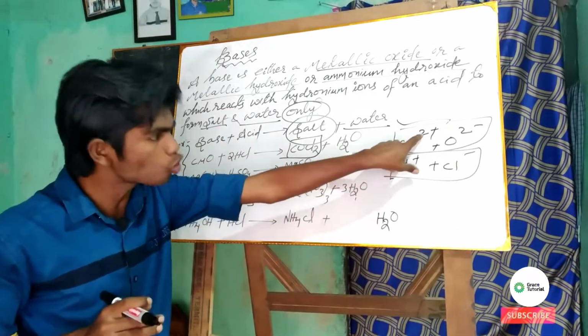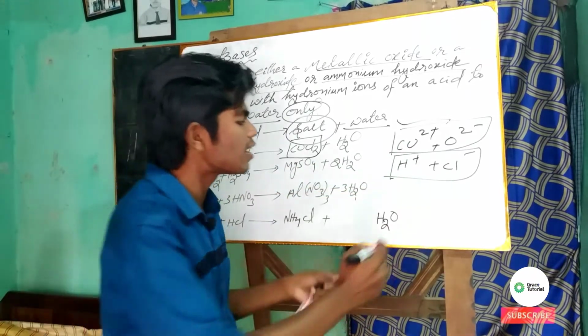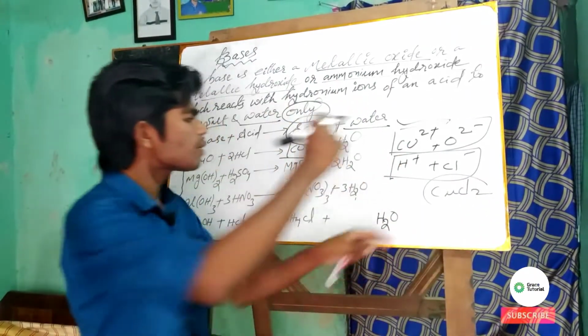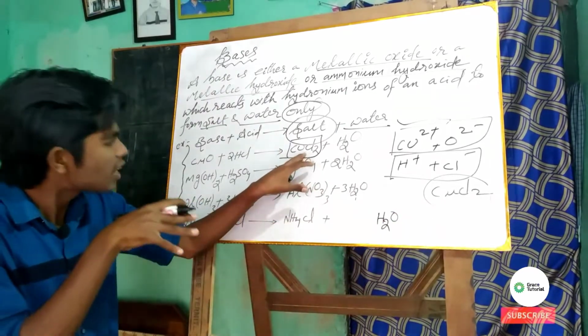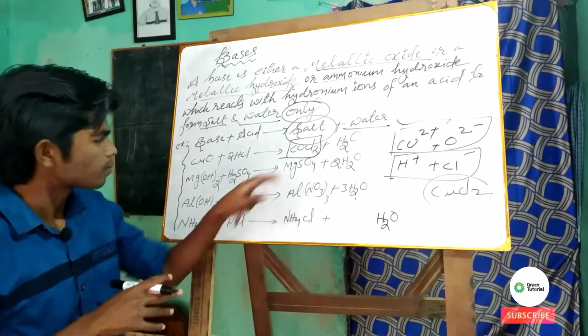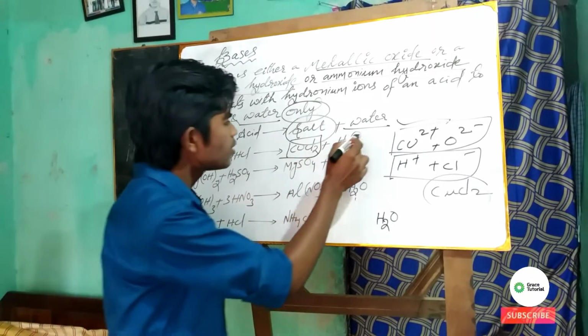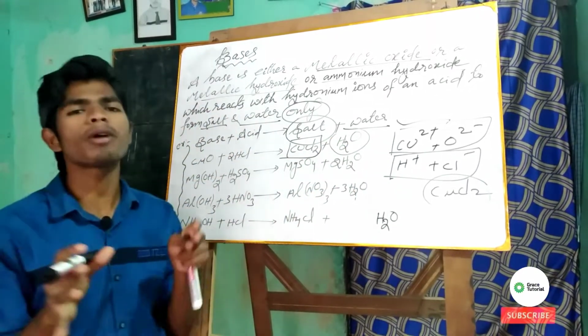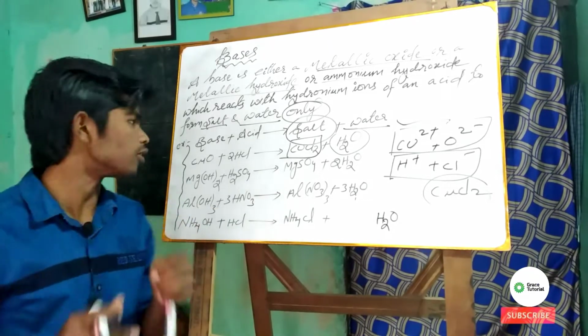That means the Cu2+ will react with the Cl- to give CuCl2. So this is the product obtained in this first reaction, that is CuCl2, along with the liberation of the water molecule. That means here only the water molecule is obtained but not any other molecule.